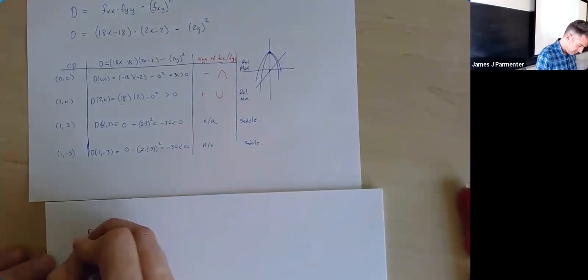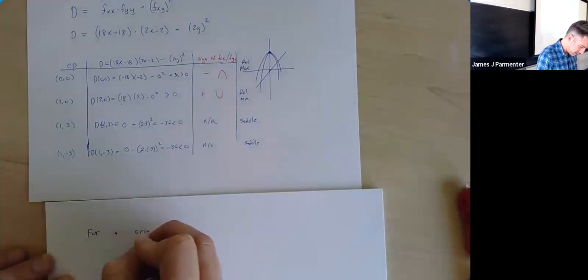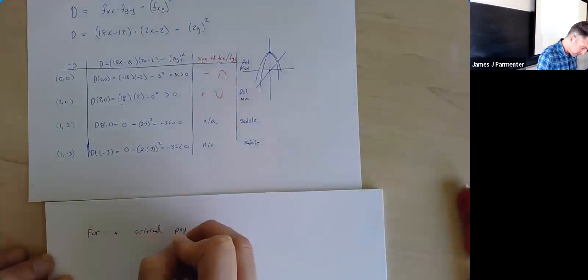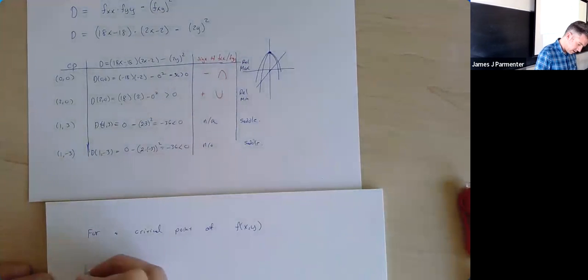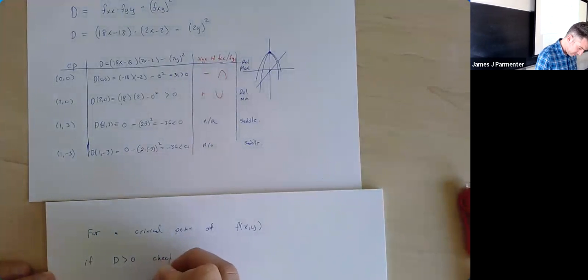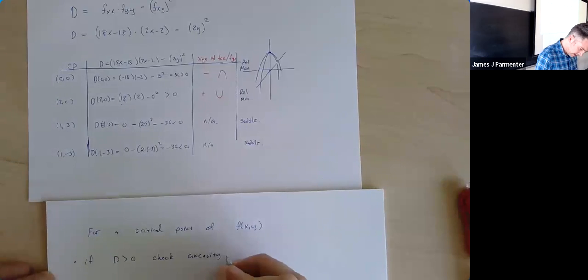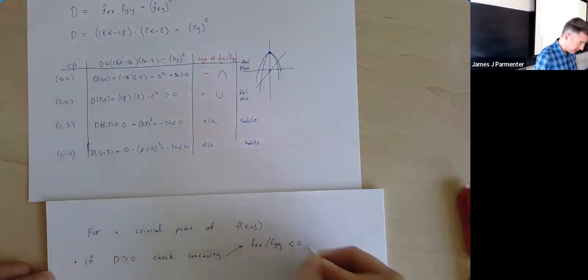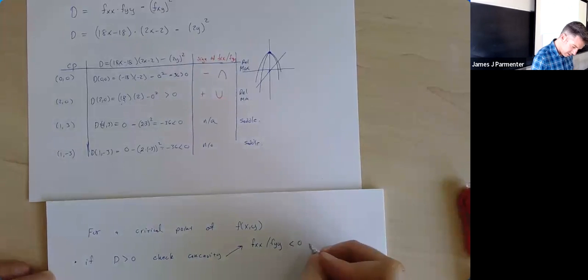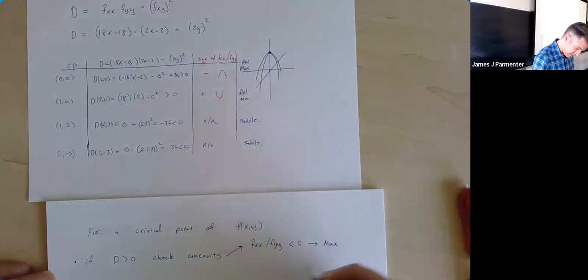So for a critical point of your function of x and y, if d is positive, we check concavity. And either if fxx or fyy is negative, meaning we are concave down, then we have a max.